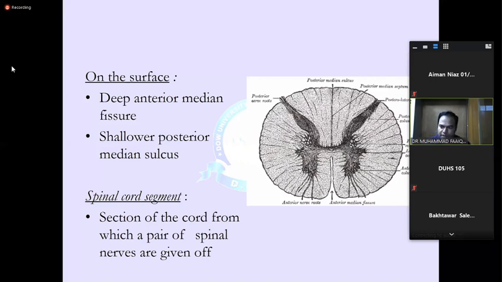So I repeat, if we see the transverse section of the spine, there are different columns: the posterior column and the anterolateral column, and in between these columns there is a bundle of motor and sensory fibers, which forms the gray matter in the spine.